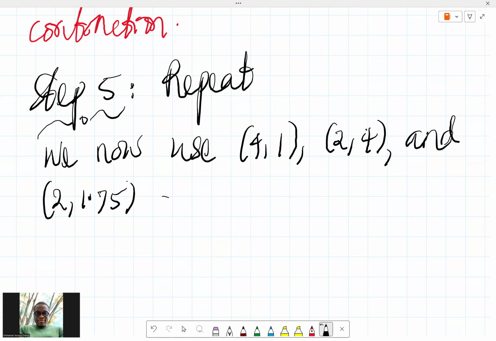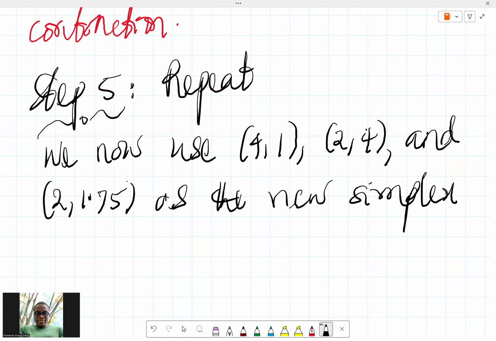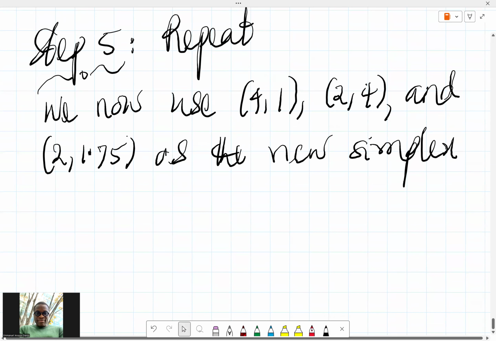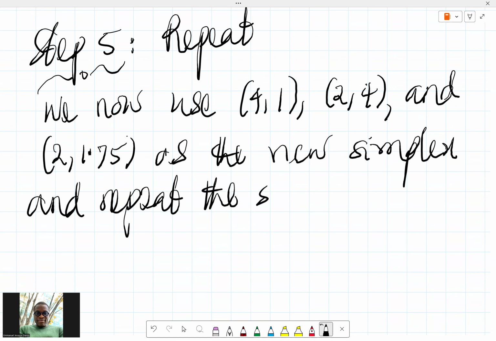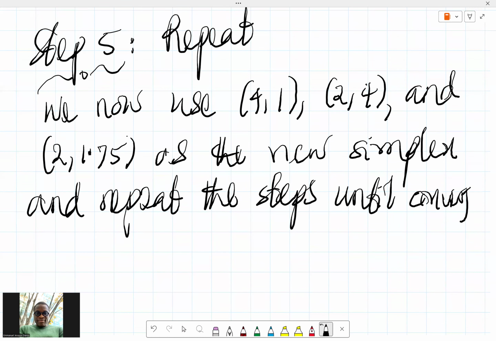We use this as the new simplex and repeat the steps until convergence.